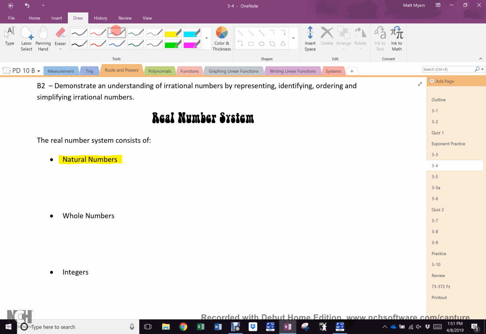Natural numbers are our counting numbers. So the number that we start with was what again? 1. And what's the next number? 2. And the next number? And when will we stop? Never. We can count forever.